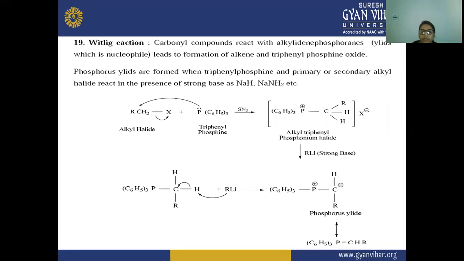Now, Wittig reaction. So, carbonyl compound reacts with alkylidene phosphorane, which is a nucleophile, leading to formation of alkene and triphenyl phosphine oxide. So phosphorus ylides are formed when triphenyl phosphine and primary or secondary alkyl halide react in the presence of strong base, that is your NaH or NaNH2.